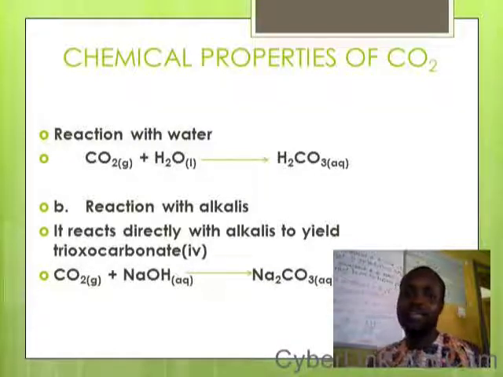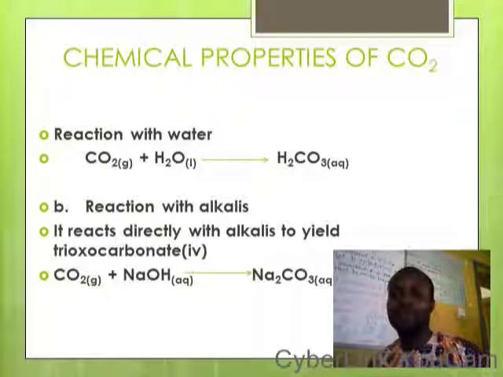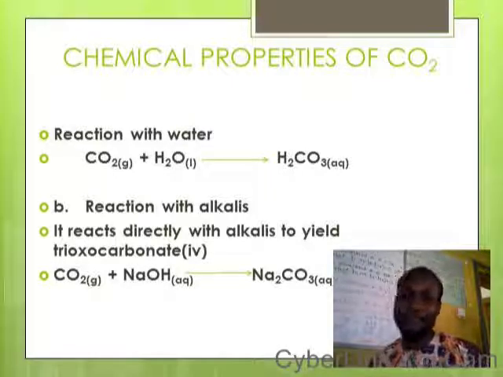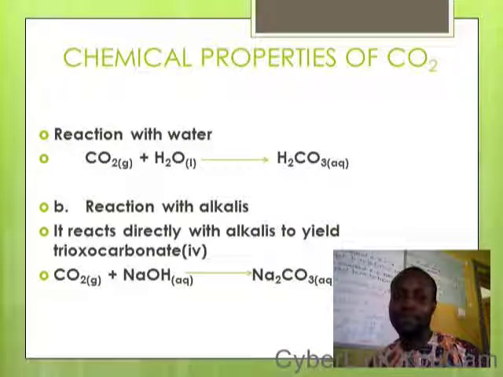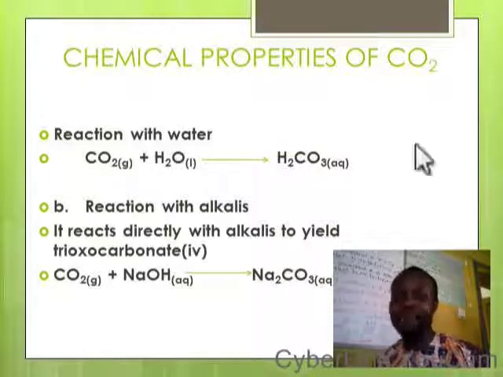Now, chemical properties of carbon 4 oxide. Number 1 is reaction with water. It is treated as an acid anhydride. Acid anhydrides are substances that, when they react with water, give a weak acid, fine.